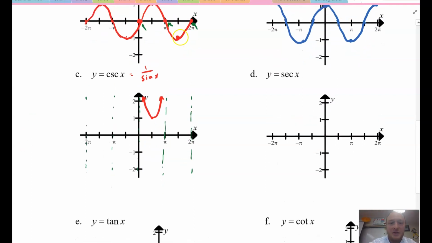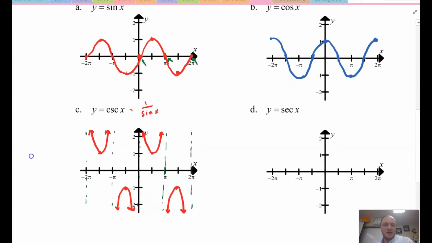For this point, it is below the x-axis, so my parabola is below the x-axis there. So it just mirrors the sine function, which makes sense because it's the reciprocal. And then one up here. So mins and maxes at 1, just like the sine function.